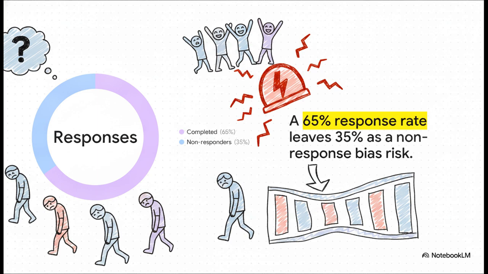The students who chose not to respond might systematically differ from those who did. If you're sending out a survey measuring student motivation, who is the absolute least likely to fill it out? Unmotivated students. If that happens, your results will artificially look incredibly highly motivated, totally distorting reality. And this is exactly why you absolutely must report your response rate transparently.